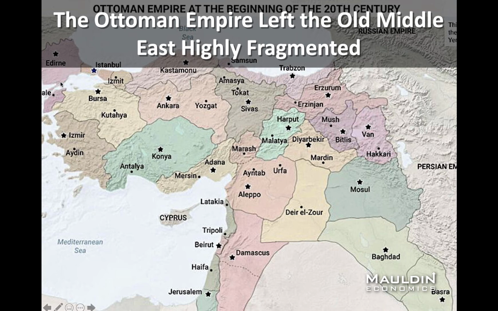It was in Turkey, but also spread into parts of Europe, down into what we now consider Syria, into what we now consider Lebanon, also into what we now consider Israel and into Egypt, and also across into what we now consider Iraq and down along the border with Iran.